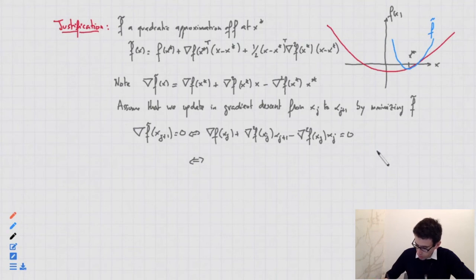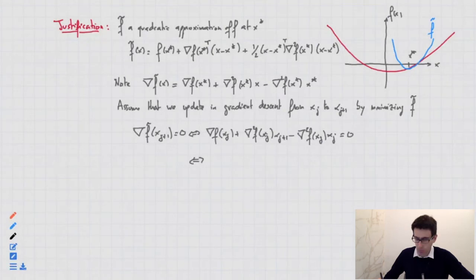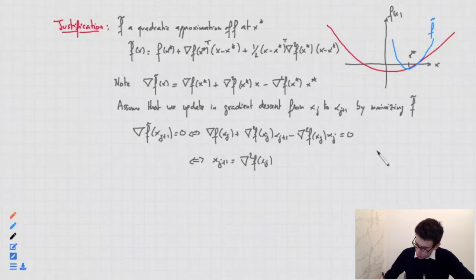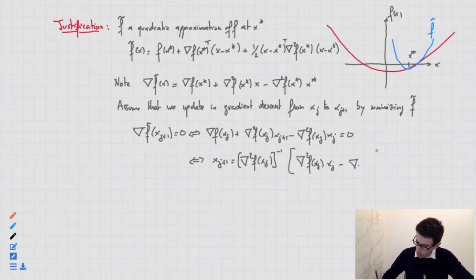But equivalently, if you rearrange things a little bit and you try to express xj plus 1 as a function of everything else, what you will realize is that xj plus 1 has to be equal to the inverse of the Hessian at xj, that's how I get rid of the constant in front of xj plus 1, times an expression which is the following: the Hessian at xj times xj minus the gradient of f at xj.